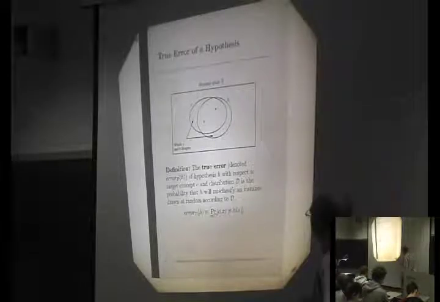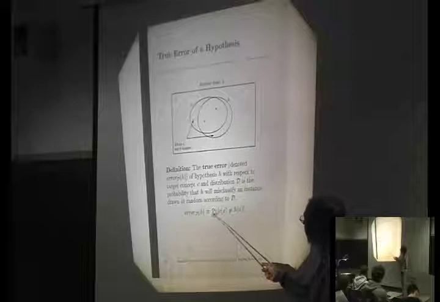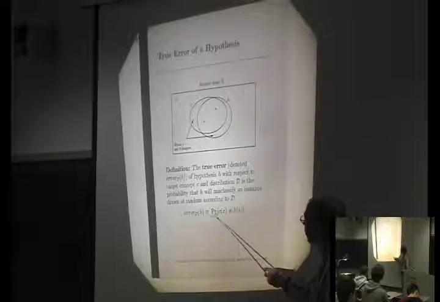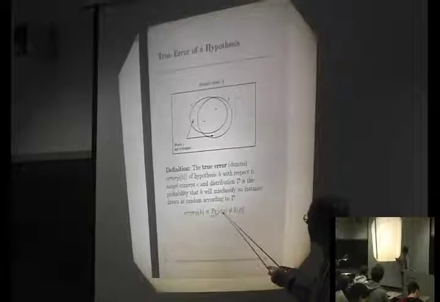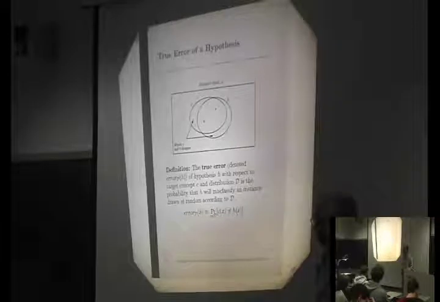In a formula, it's the probability under the distribution of X coming from curly D that the correct classification is different than the classification given by H.